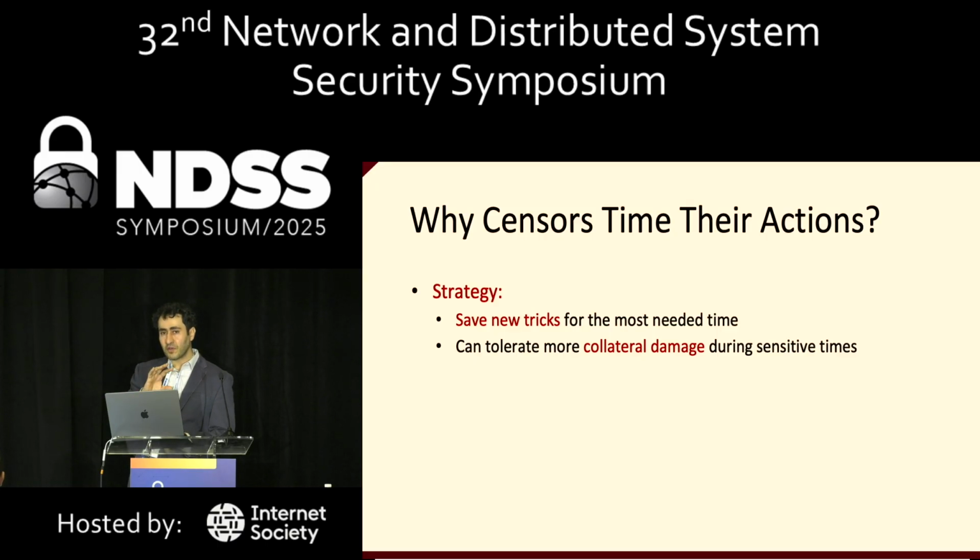So they save their mechanisms for the best time, the time that they can take the most out of their blocking, right? Right at the time that they need connections to be disrupted, they roll out that new form of blocking, and they know themselves that it will be circumvented after some time, but by the time it's circumvented, they've done the damage.